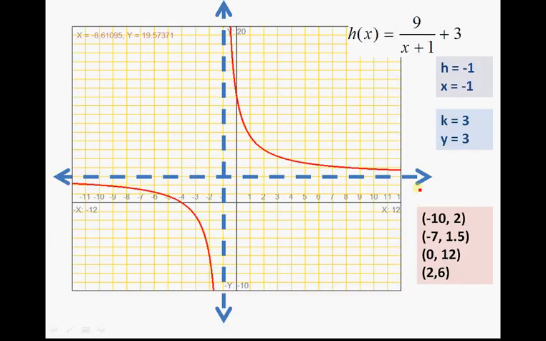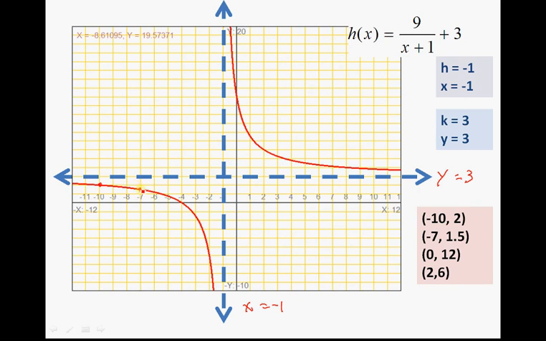Here it is right here. Here's the graph. What we have here is the vertical asymptote of x equals -1 and the horizontal asymptote of y equals 3. And we have a bunch of points. When x equals -10, y equals 2, right here. When x equals -7, y equals 1.5.